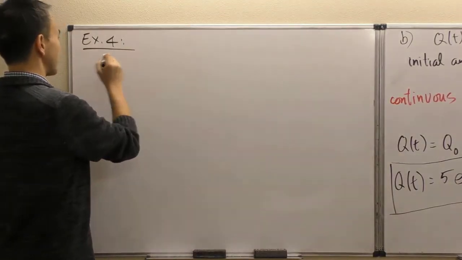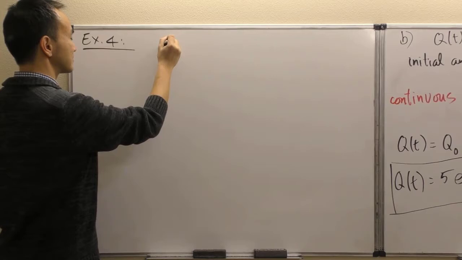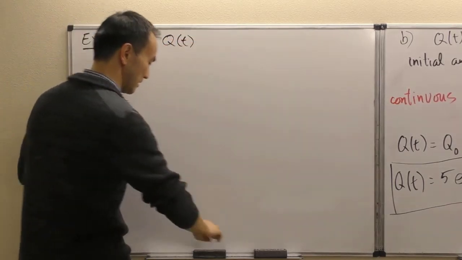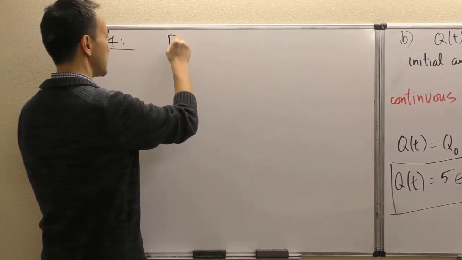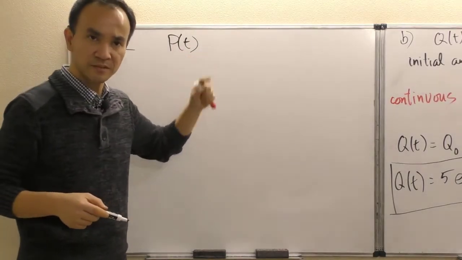So now let's call that, I'm getting tired of Q, so let's call it P for population. So the population of ants here is a quantity as a function in terms of time.